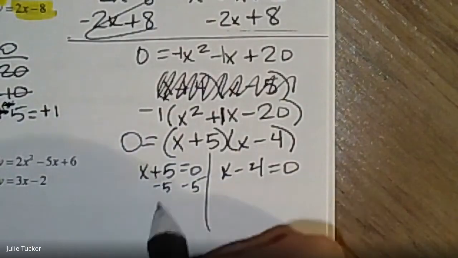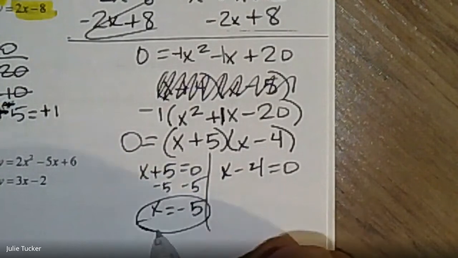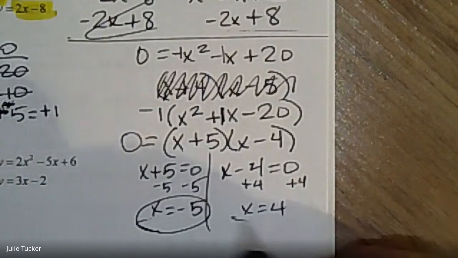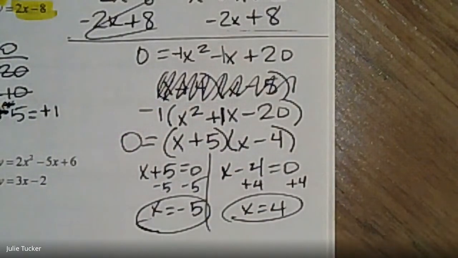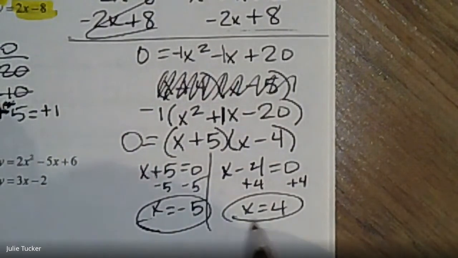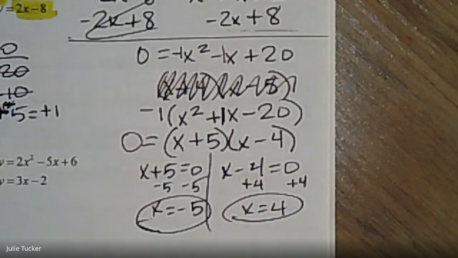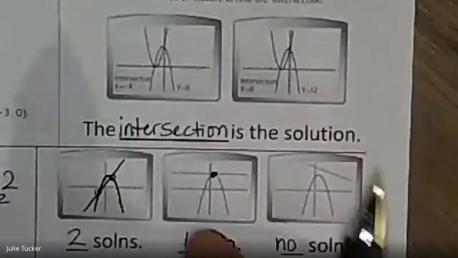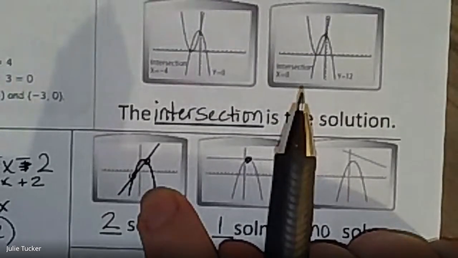So when I go minus, I have x equals negative 5 and x equals 4. So those are my two solutions. So that means this problem has 2 answers instead of just 1. If it has 2 x's, you know what that means? It means it's one of these where it intersects in 2 places.